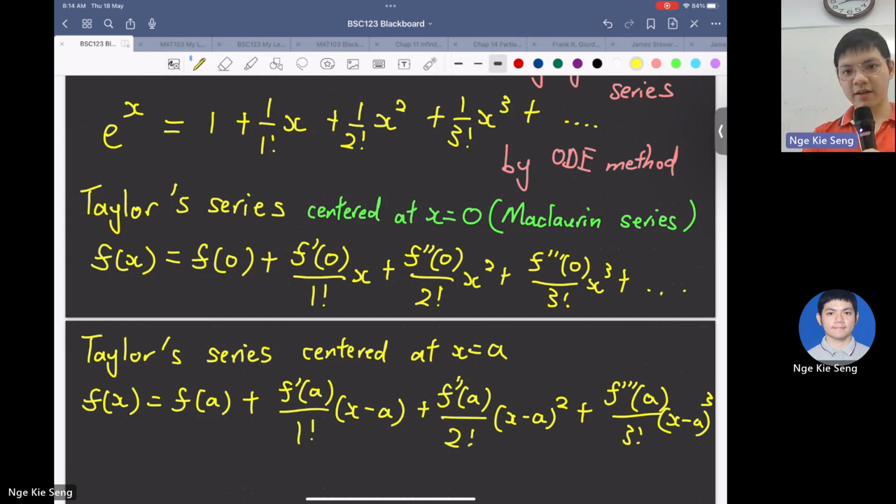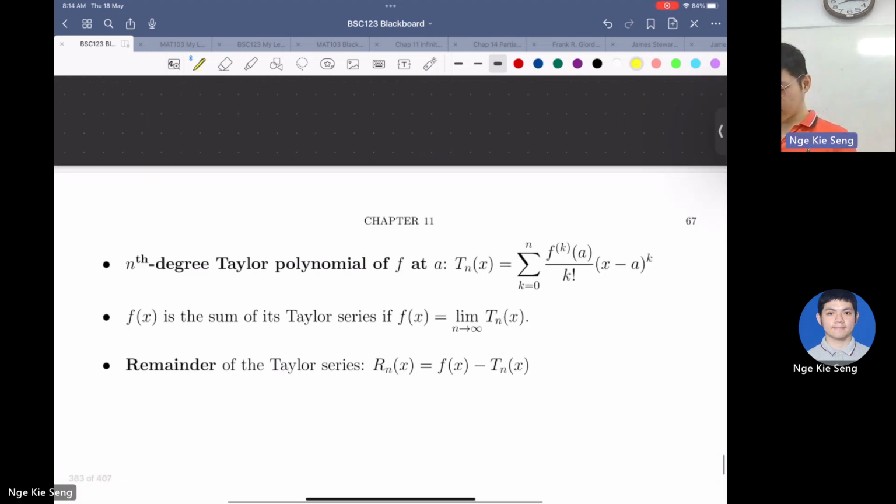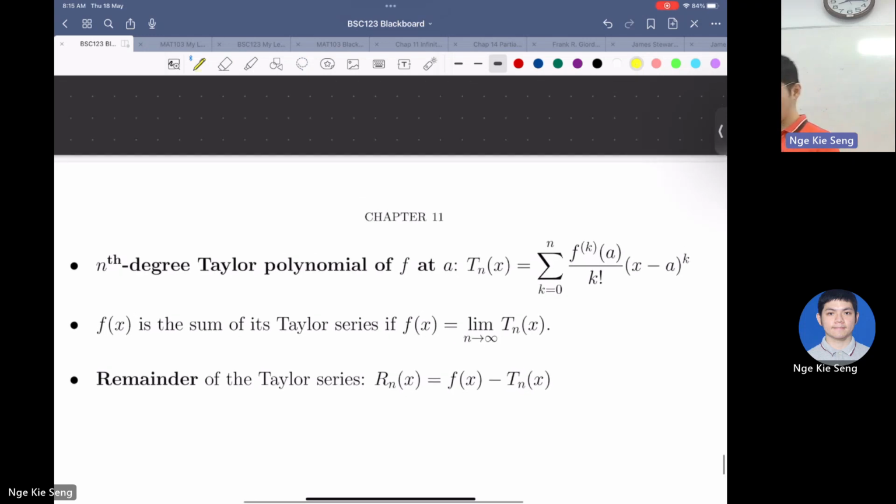So let's go through the theory first, then we will see examples. The n-th degree Taylor polynomial of f at a is the finite sum from k equals 0 to n of the k-th derivative at a divided by k factorial times the factor (x minus a) to the power k. So n-th degree Taylor polynomial means you stop at the n-th partial sum.